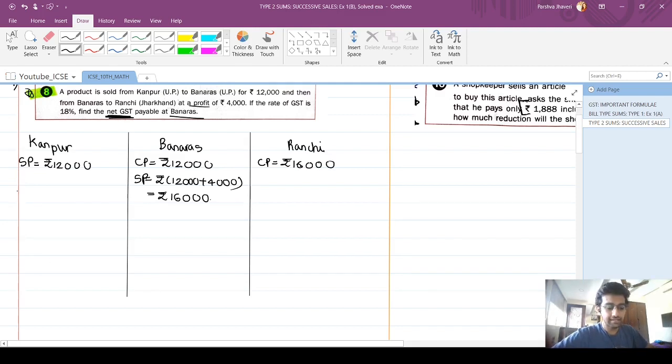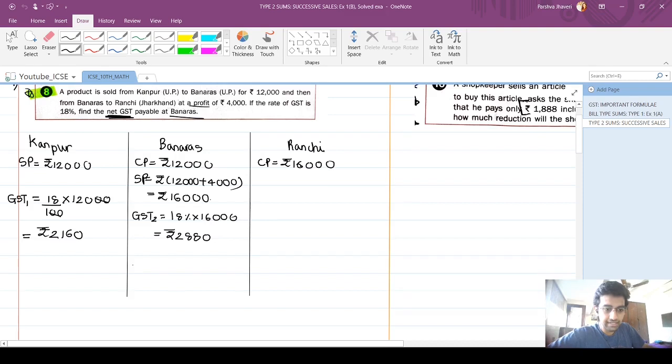Now let's look at the GST at Kanpur. I will call it GST1. GST is 18%. So to calculate the GST is basically rate of tax into SP. That's 18% into 12,000. Once we calculate this, let's see GST2 over here. GST2 will again be 18% of 16,000.